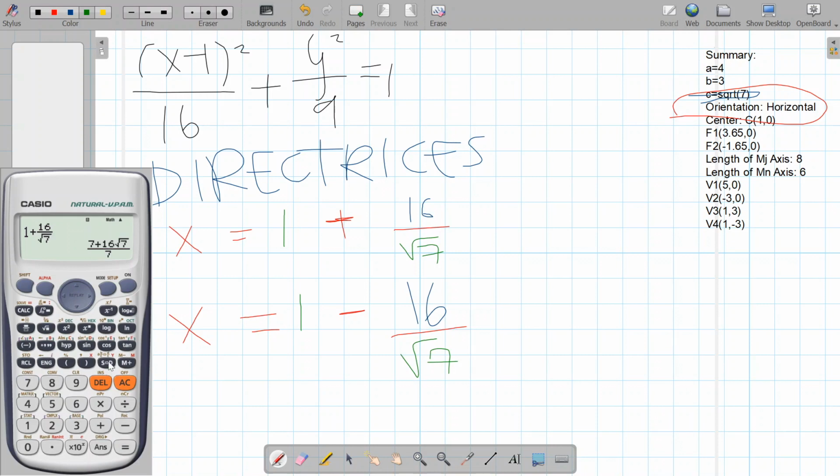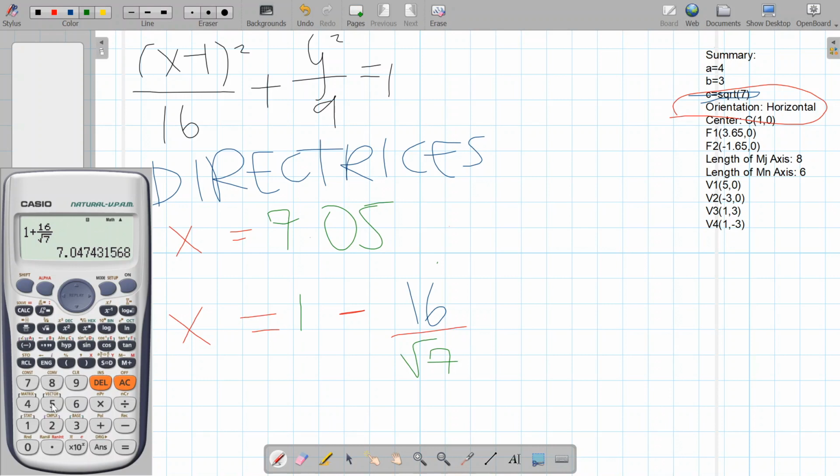Then just press SD. So we have 7.047, which can be rounded off to 7.05. Okay, so let's write that. 7.05.